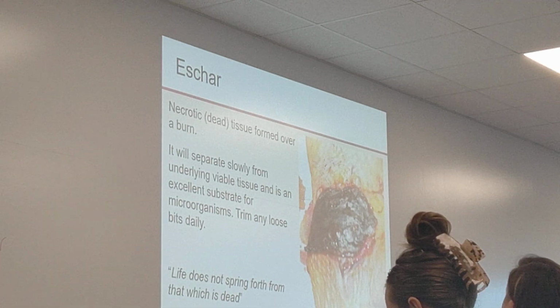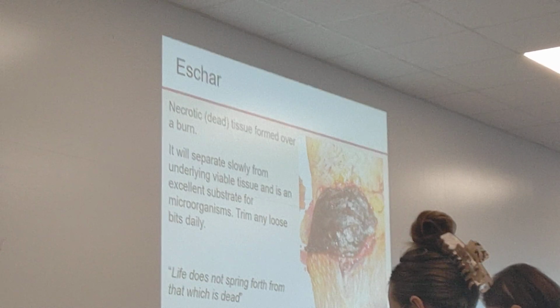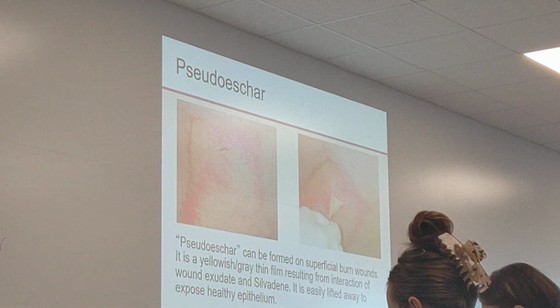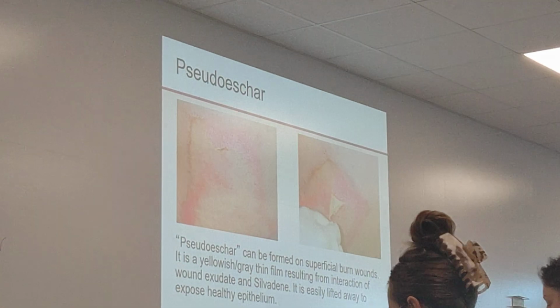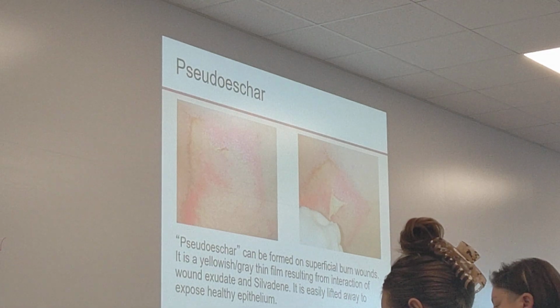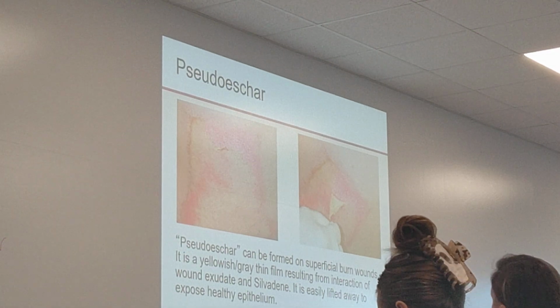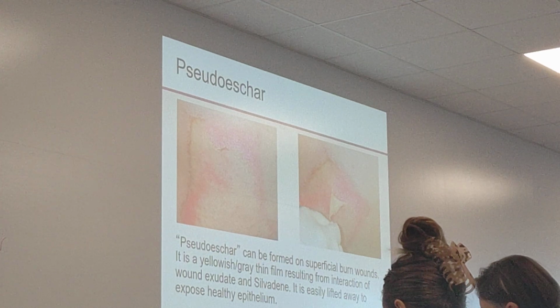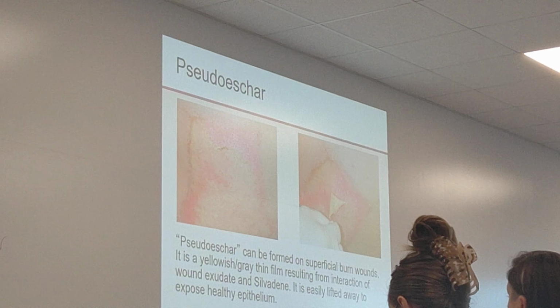I'm sure y'all have seen those on pressure ulcers and stuff. Pseudo eschar, so it's still eschar, it's still dead skin, but it's just kind of superficial on top. It's more yellow than it is black. And sticky. That's what hurts the most when they go in deep.